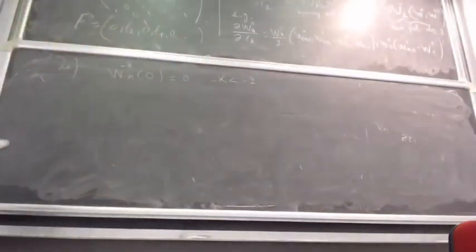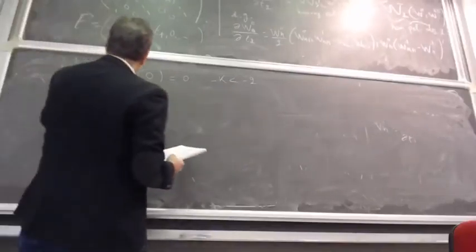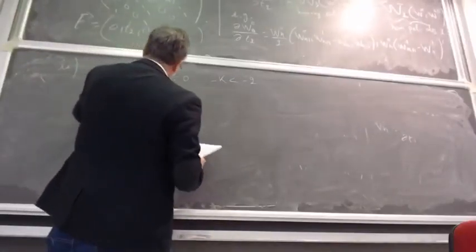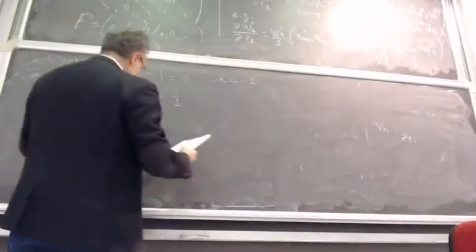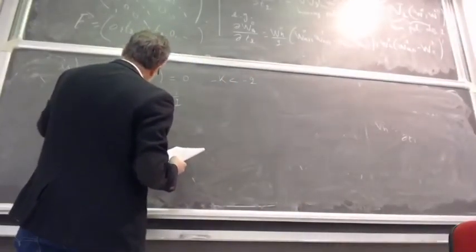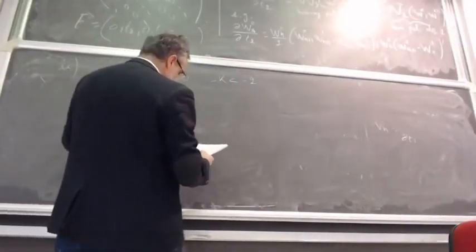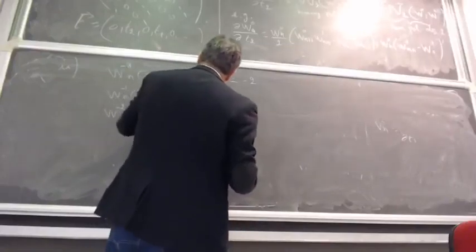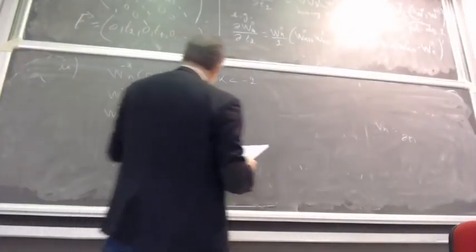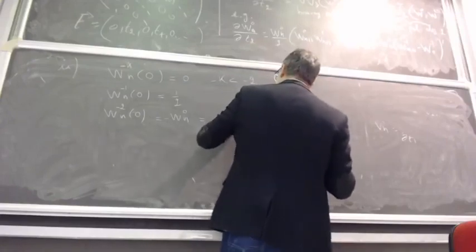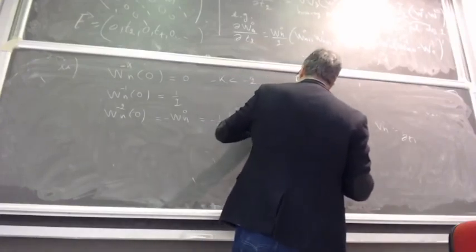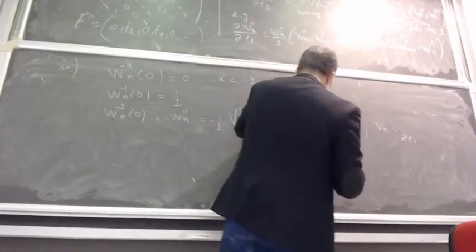And W minus 1, n, 0 is equal to 1 over 2, and W minus 2, n, 0 is minus W0, n, equal to minus 1 over 2 times the square root of 2n minus 1.